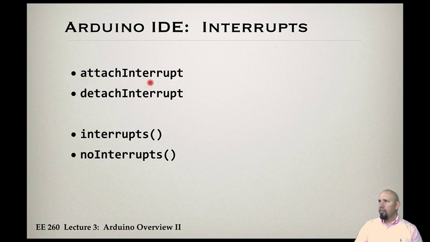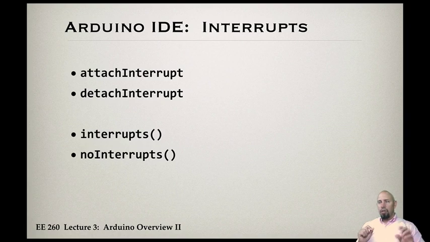So we can attach an interrupt or detach an interrupt. This basically sets up, if you have an interrupt, what function to go to. When there's an interrupt, you need to go to what's called an interrupt service routine. It tells you what that service routine is, where it is. Okay, so you can attach an interrupt to a specific pin, and that tells it to go to a certain function.